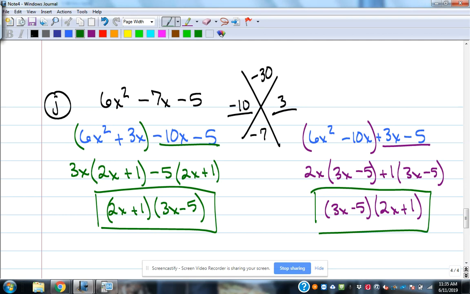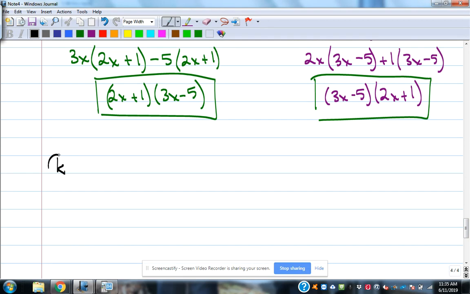Okay. So there we had a negative on top and bottom of the x. So let's try this one. 4x squared minus 11x plus 6.